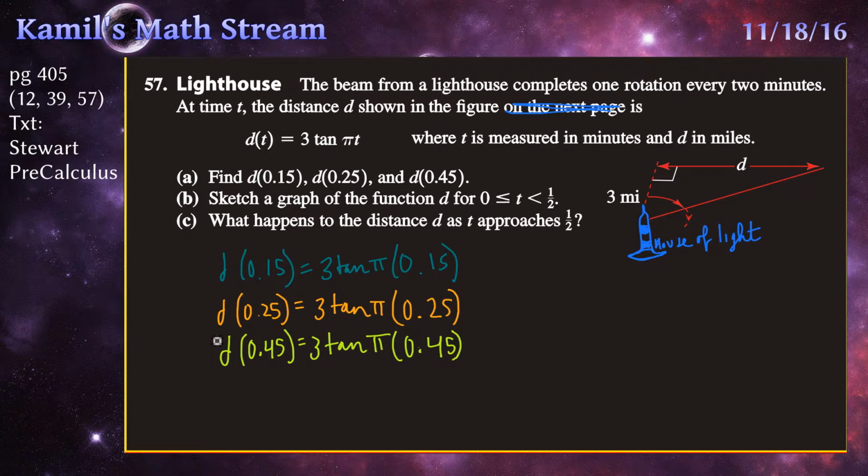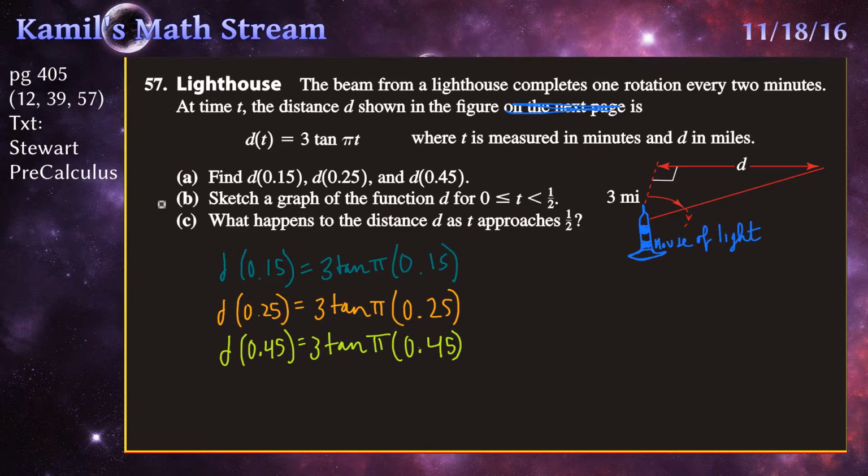I'm going to plug in 3 tan pi times 0.15, and that gives me, I'm doing degrees, but that gives me 0.0246 something.